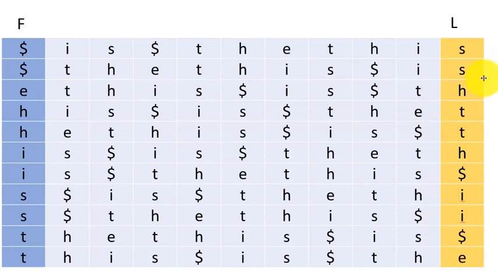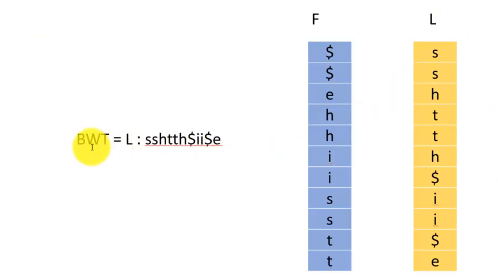After we sort this whole table based on the first column, we get the last column, and this last column will be our BWT sequence. L means last column, so this whole string is going to be our BWT encoding.